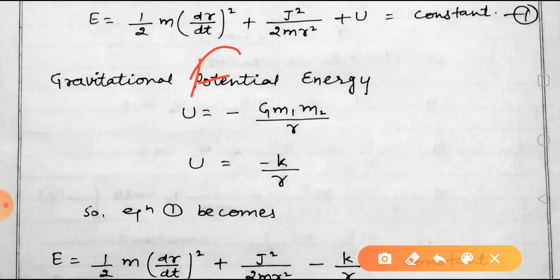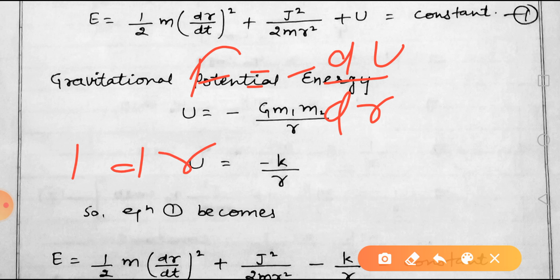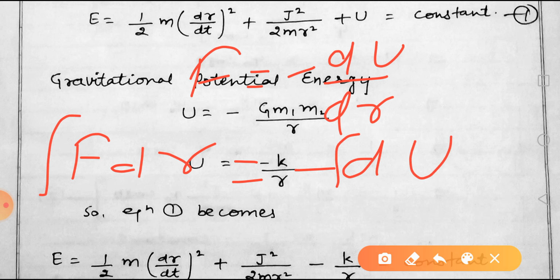We know that F is equal to minus du upon dr. Force is a central force, it is a conservative force, and the force is the negative gradient of potential energy.